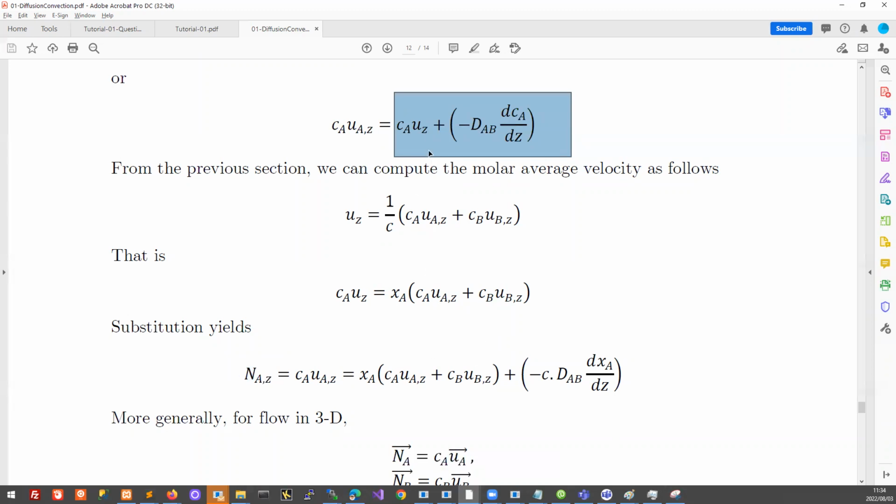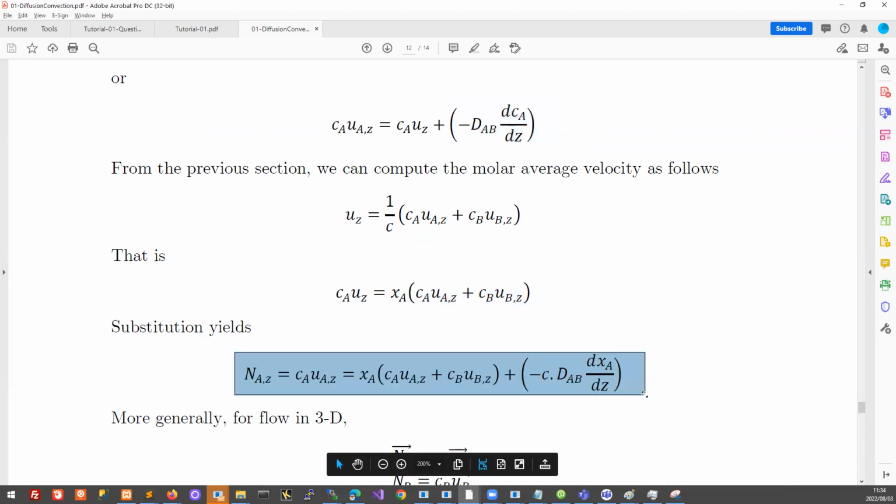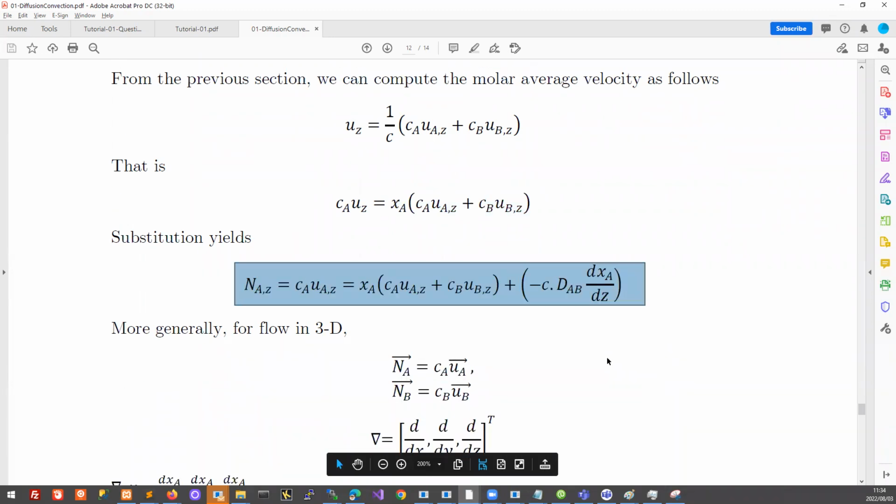And we separate out, so the CaUZ, we replace for CaUZ using this thing. So we substitute this in up here for CaUZ, right? So the CaUZ we replace there, and then we have left over this part. So that's the expression that we get finally for the molar flux of A when you have both convection and diffusion.